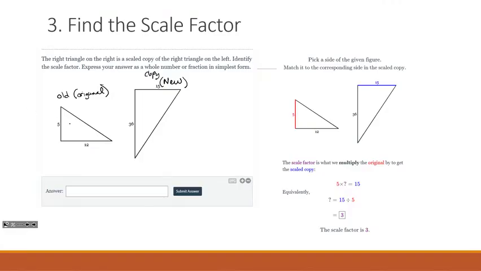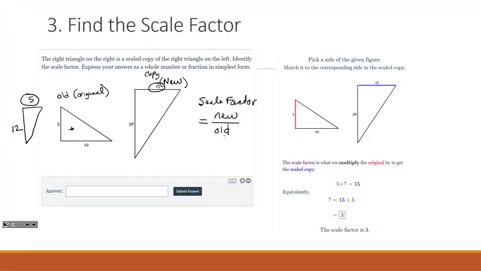I'm going to redraw this triangle right here over here. We're going to use corresponding sides. This is going to be 5, this is 12. So you could use the new side and this side off of the old. Remember, a scale factor is the new side divided by the old or the original.